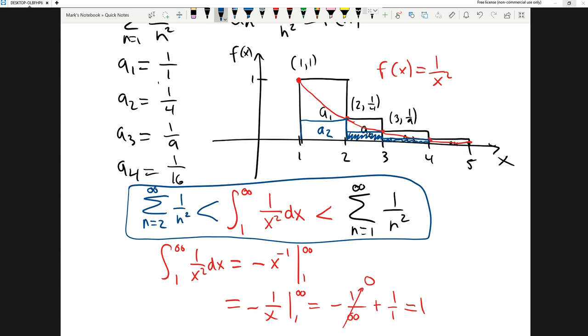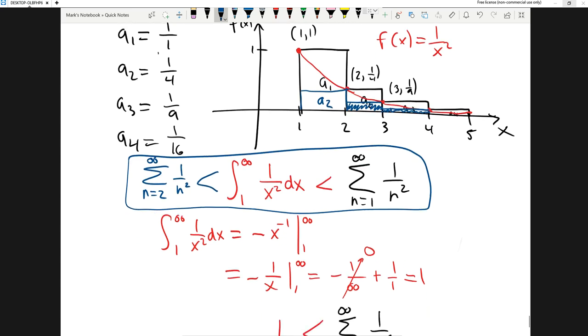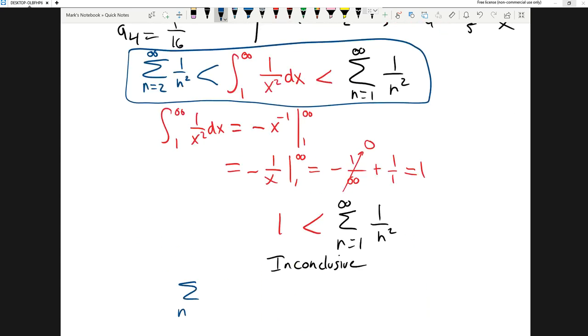Okay? So, does that help us? Well, notice we weren't really interested in the sum starting with 2, but I think we can fix our argument just a little bit, because the sum from n equals 1 to infinity of 1 over n squared is just 1 over 1, that's the first term, plus the sum from 2 to infinity of 1 over n squared.